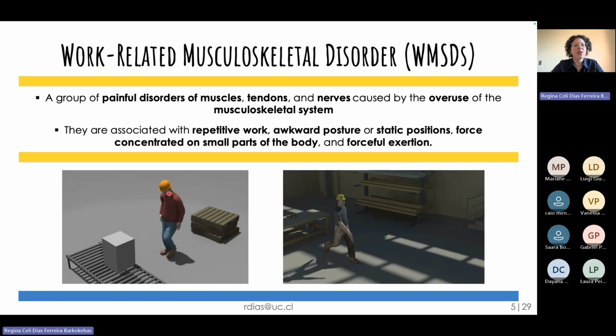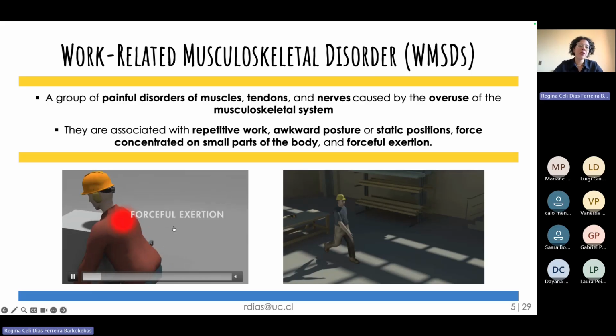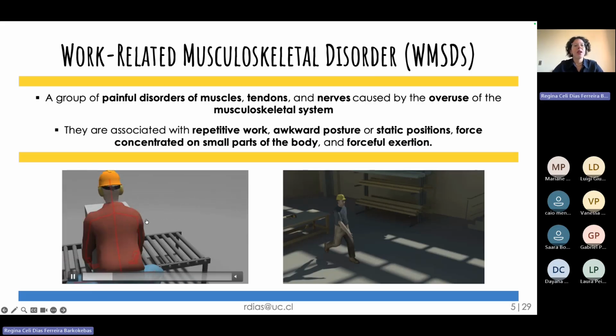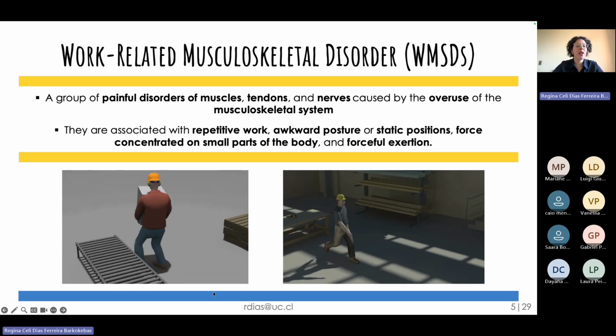And what is that? That's basically a group of painful disorders that affects your muscles, your tendons, or your nerves. And they are caused because of the overuse of the musculoskeletal system. They are really associated with repetitive work, as you can see here. Repetitive work of carrying boxes, carrying lumber, carrying tools from one place to the other the whole day.